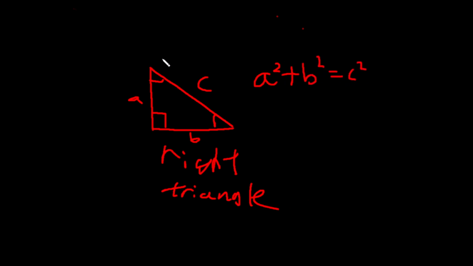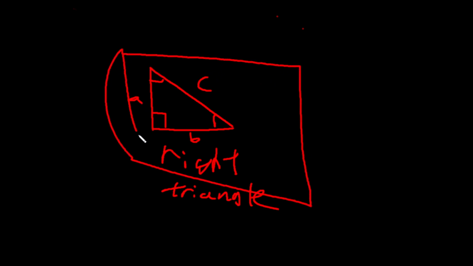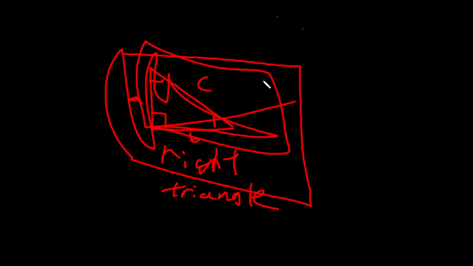The Pythagorean theorem only works on these types of triangles. Today we're not here to explore that. Today we'll be understanding what sine and cosine are, and why they relate to this.